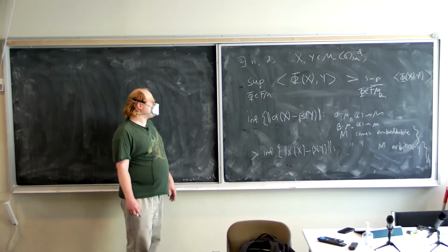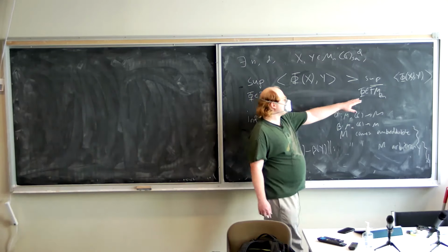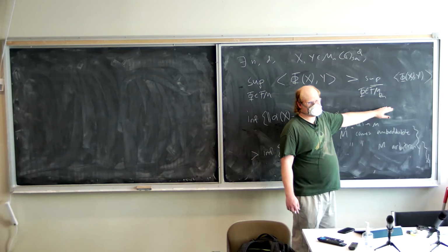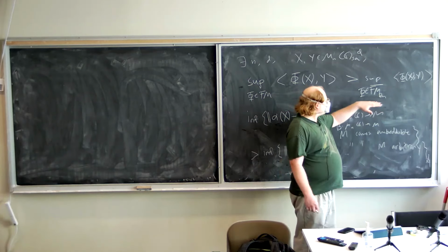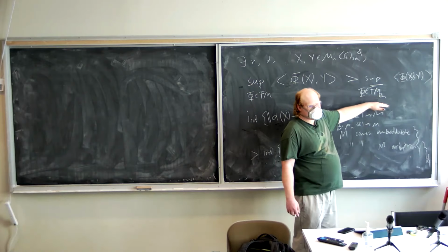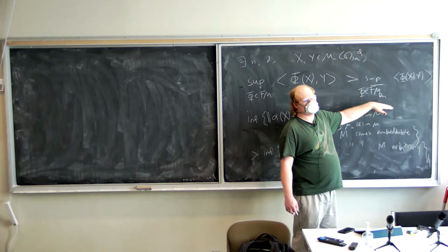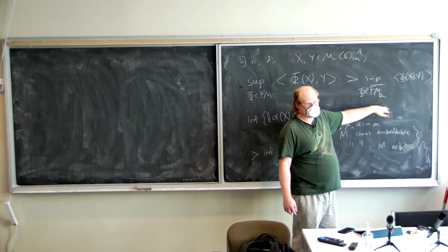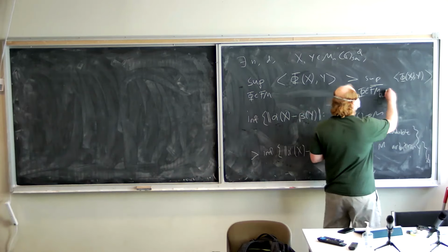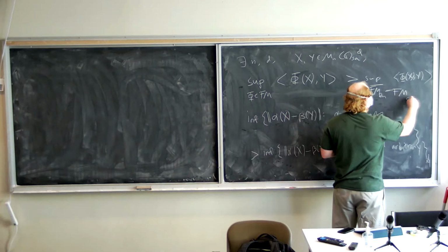This is factorizable, so it's in the closure, but everything in the closure is factorizable through Connes-embeddable von Neumann algebras. As I said, the closure of this is everything which is factorizable through Connes-embeddable von Neumann algebras.